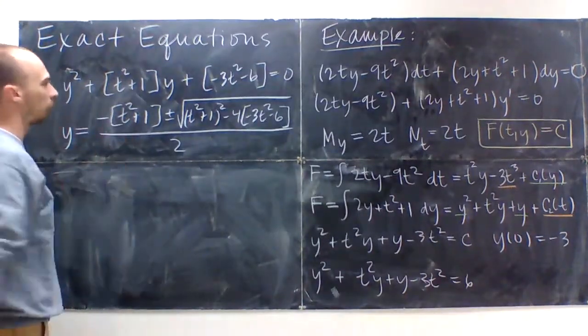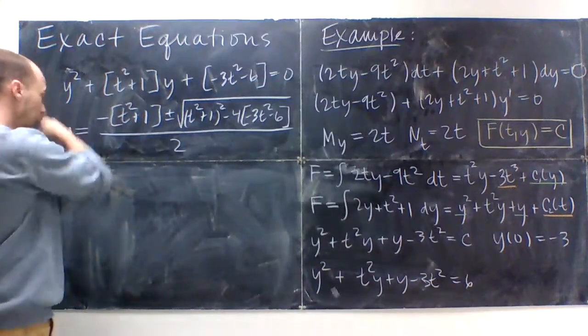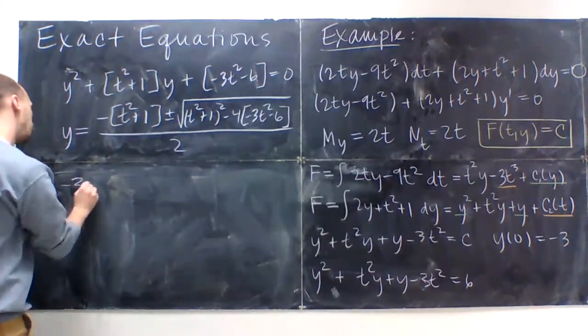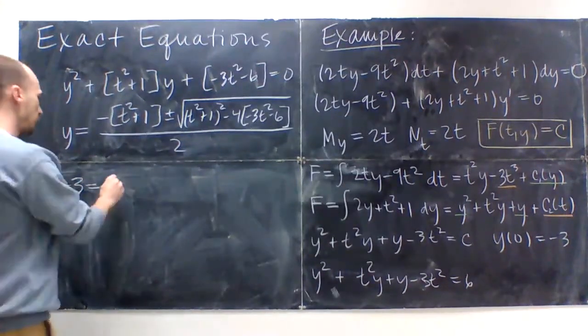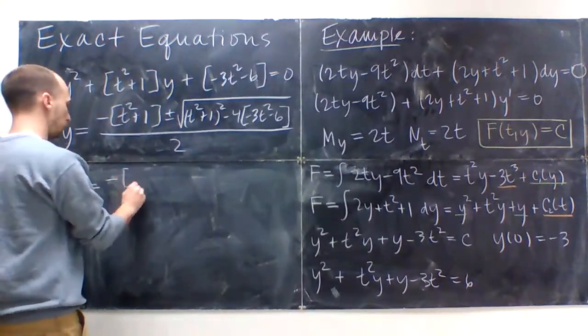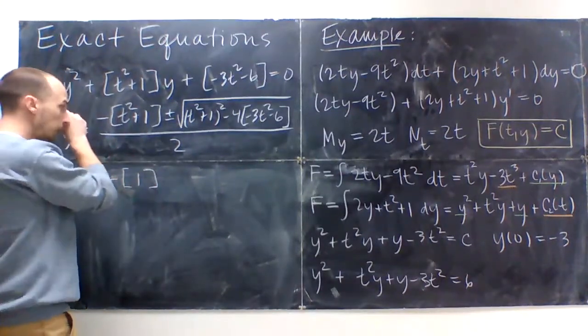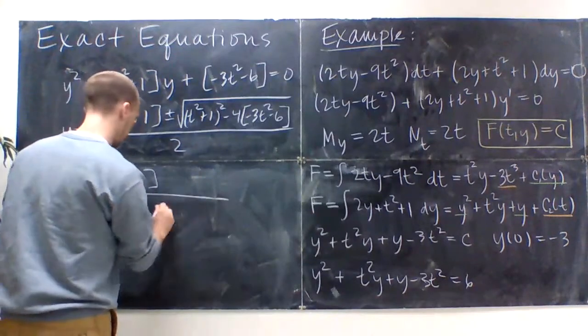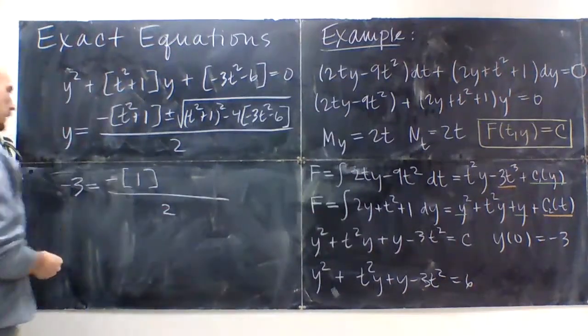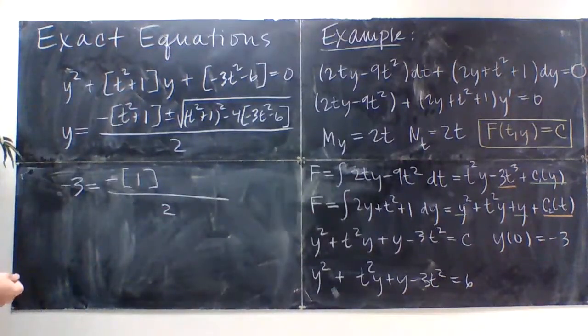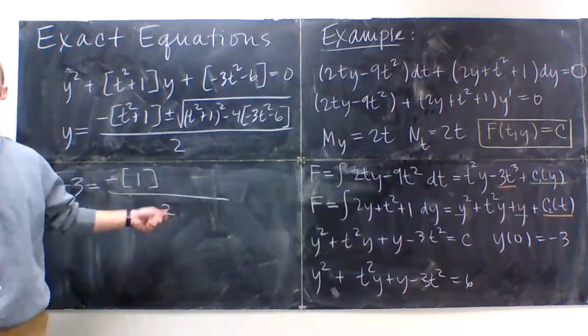But I can show you how to determine whether it's the plus or the minus, right? Because -3 is equal to the negative of t squared plus 1, which is 1, over 2, and I think that is going to need to be a minus, right? Because I need this to be -6 over 2.